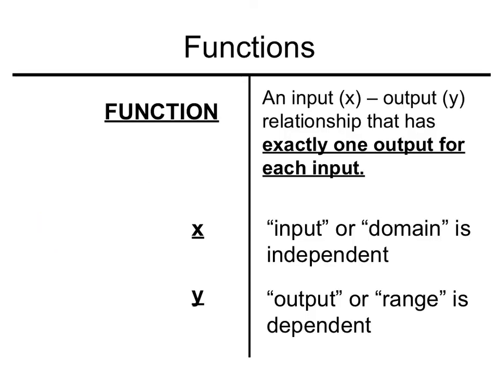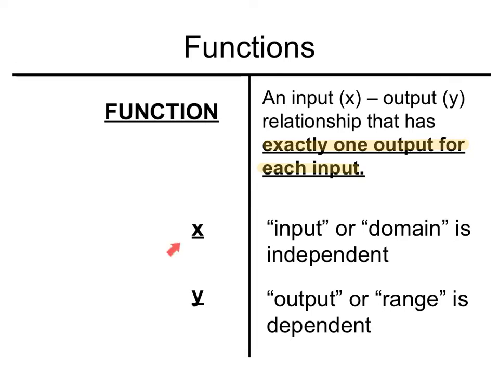Okay, a function, by definition, is an input-output relationship that has exactly one output for each input. This is extremely important, exactly one output for each input. You have 2 variables.